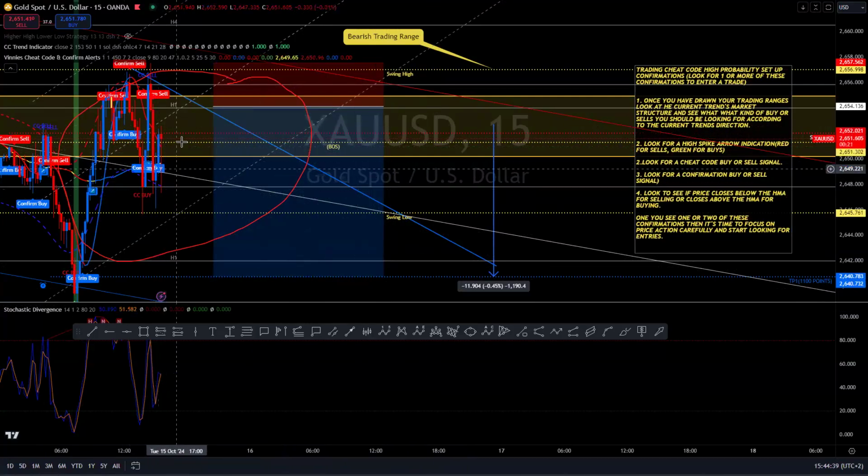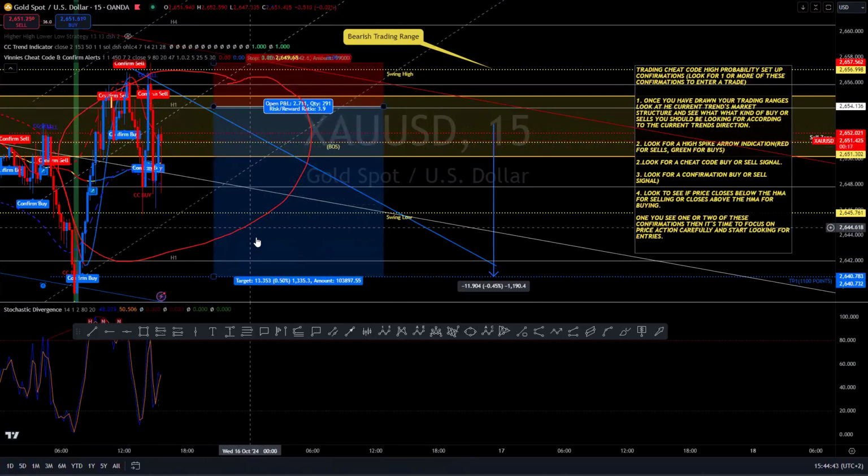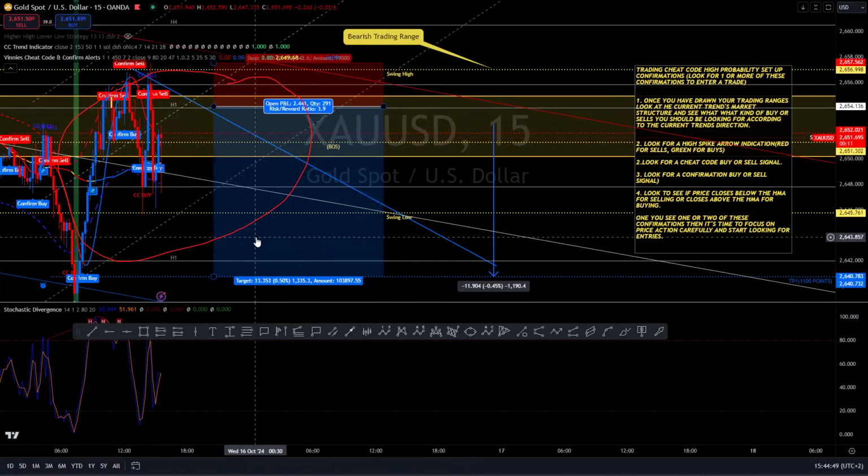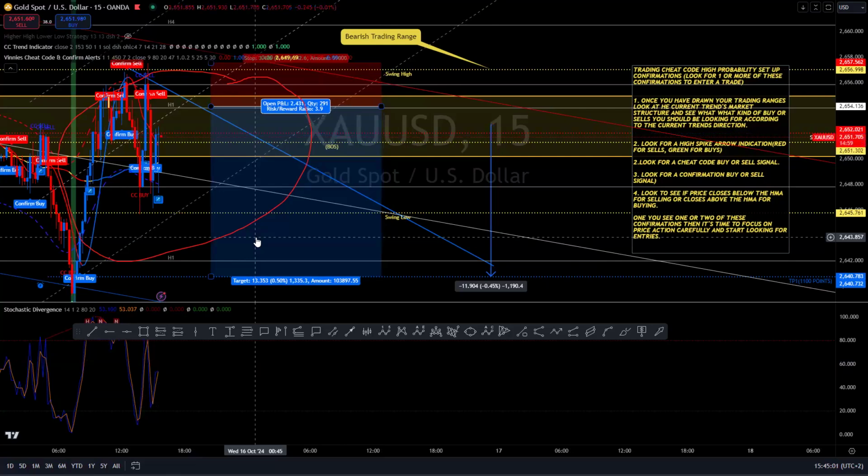Maybe there's a huge rejection. They were still rejecting the structure and it was ready to go up. Let's see what the candle is going to do.